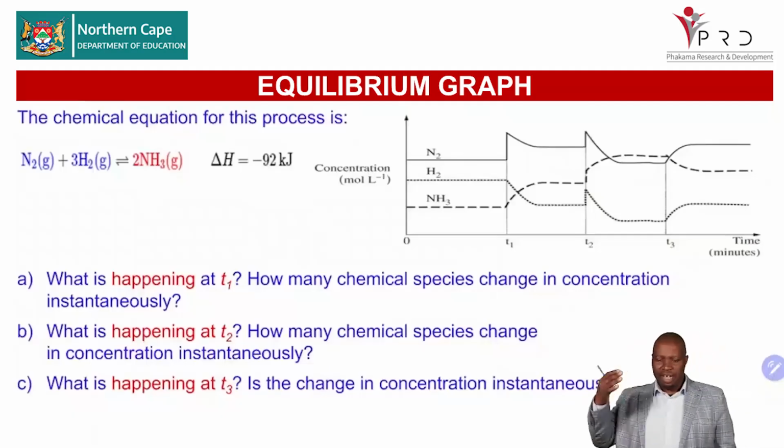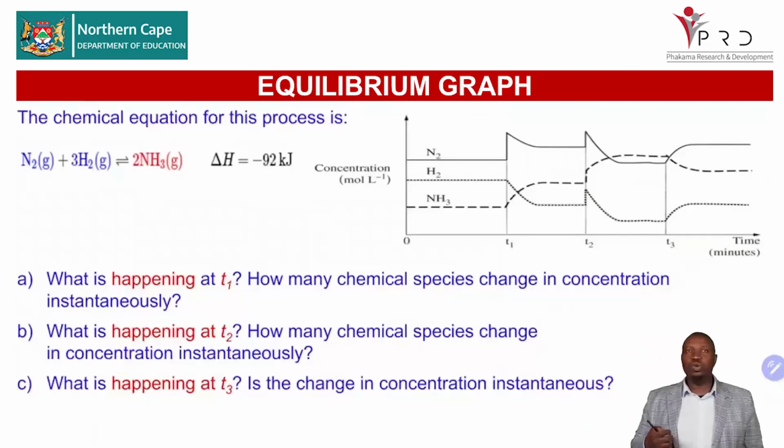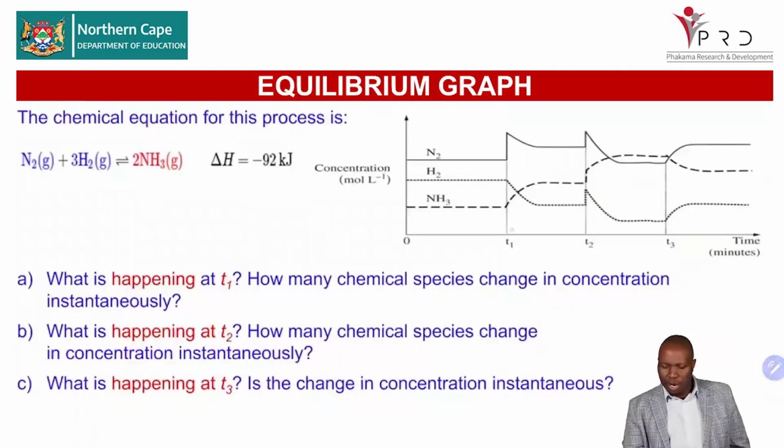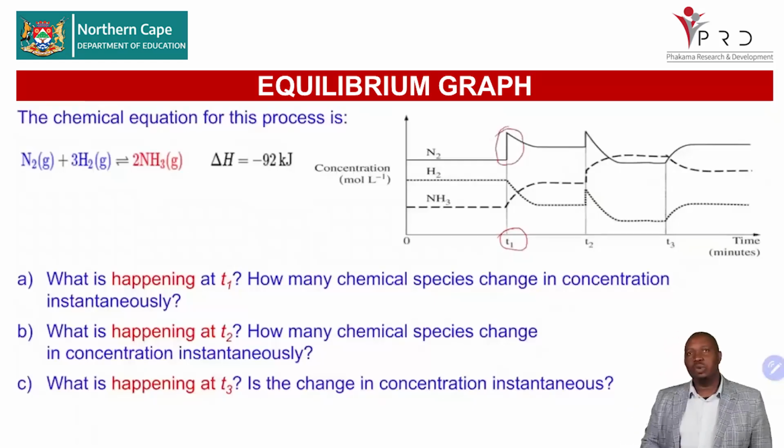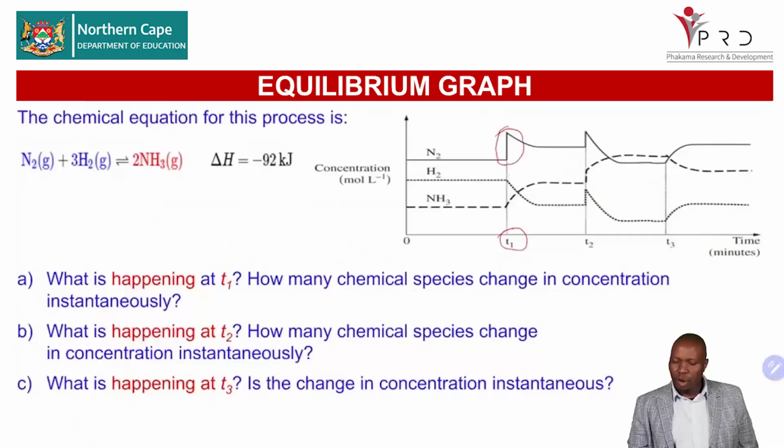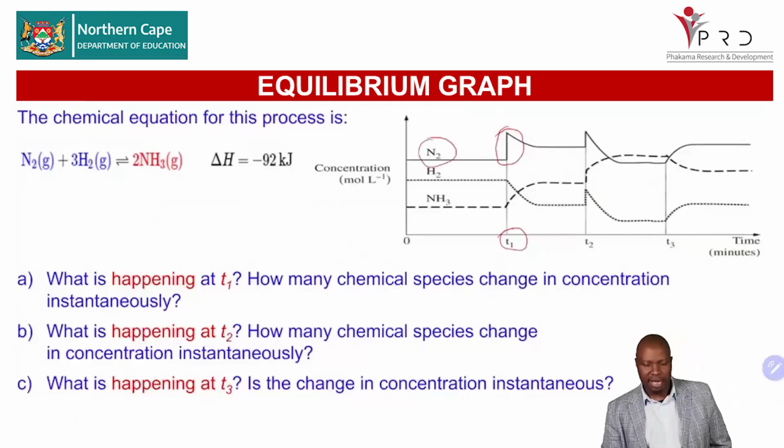Remember, in terms of the factors, you are able to remind yourself: if I look at T1, I can see that N2 is the one that is rising up. Here it shows that there is an increase in concentration of N2, so N2 was added there.